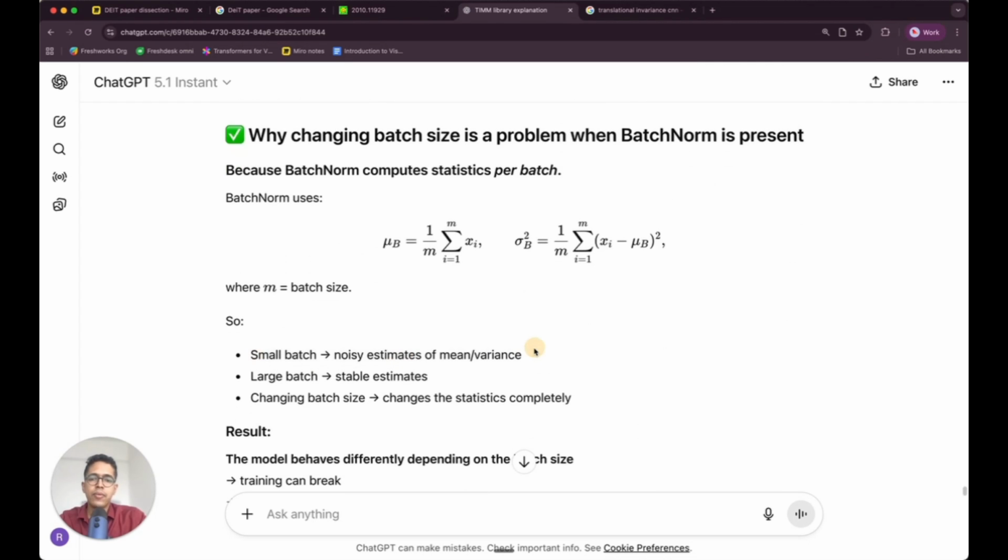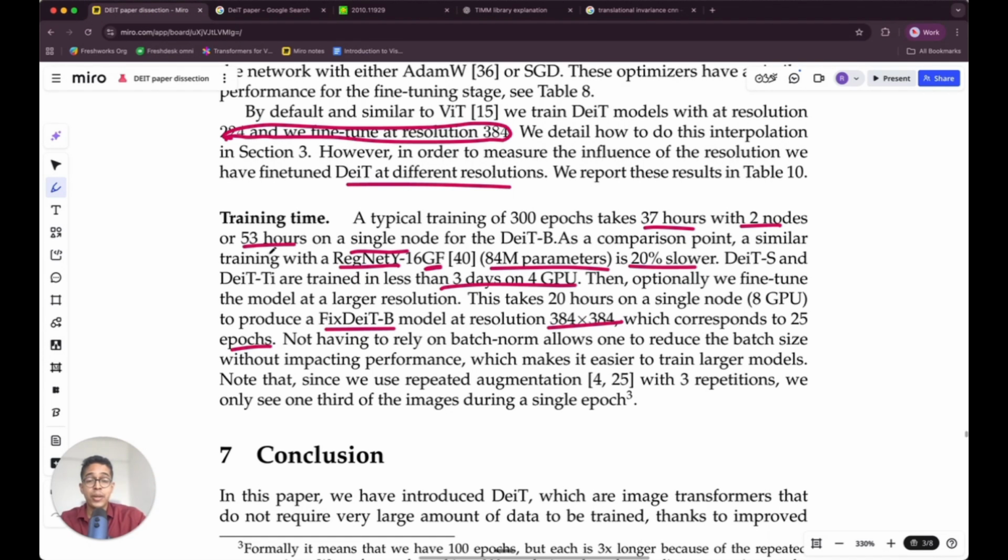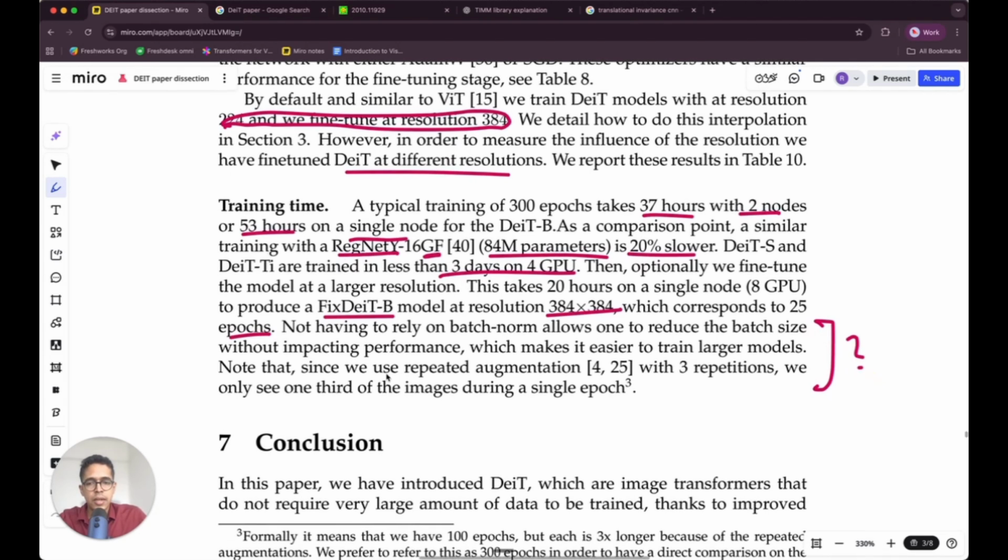For a small batch you will have some set of estimates, for a larger batch some other estimates. So maybe if you play with the batch size randomly, your results may be different. But I knew that already. I was not so sure that because of this, you will eliminate batch normalization altogether from your training. That is something that was surprising here. It's a little bit surprising. I need to read about this a little bit more.